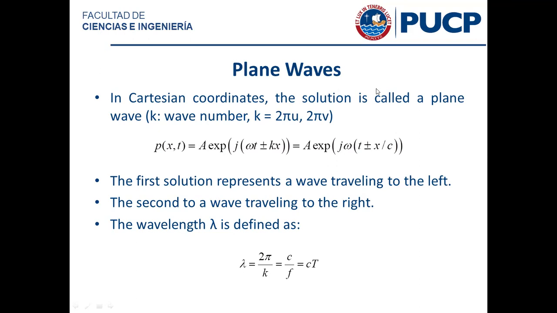You can see from this expression that lambda is equal to c times capital T, with T in units of time, lambda in units of space, and c in units of distance divided by time. Then we know that the wavelength is basically the distance equivalent of the period.